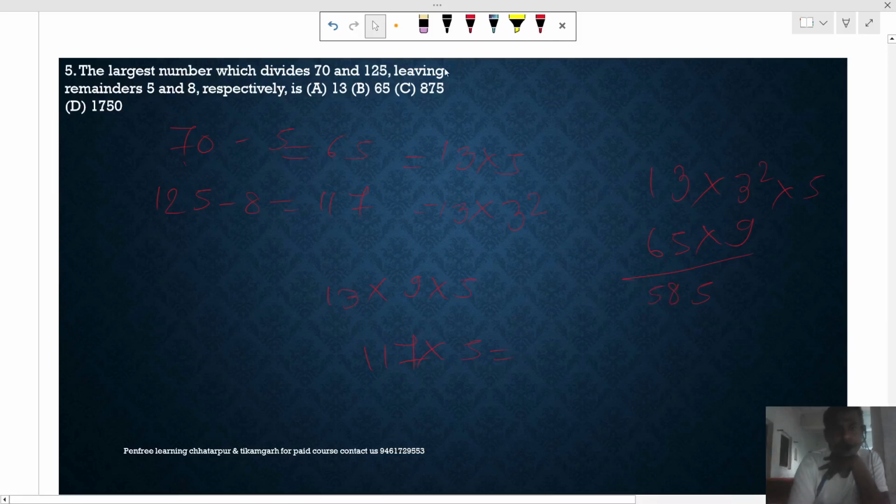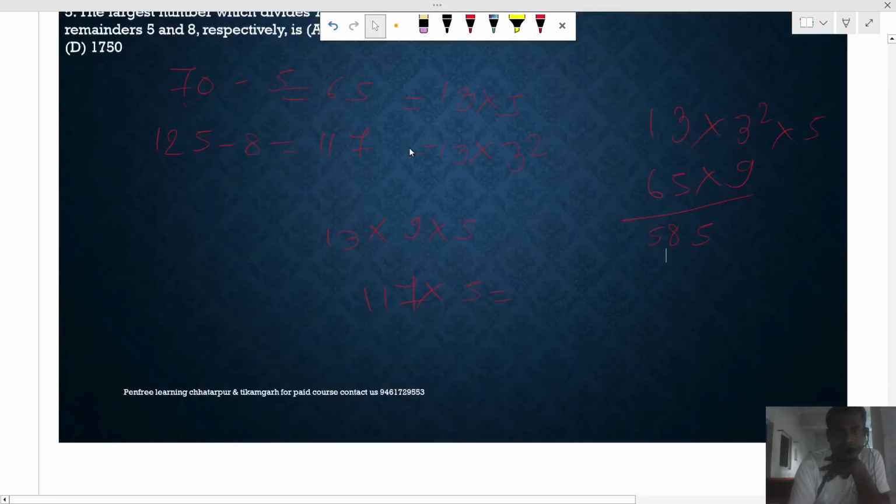I think this is a wrong typing, but you must learn the concept. The concept is: first you subtract the remainder, and you get the prime factors, and you take the maximum power, 13 into 5 into 3 to the power 2, and you will get 13 into 5, 65 into 9. You calculate.